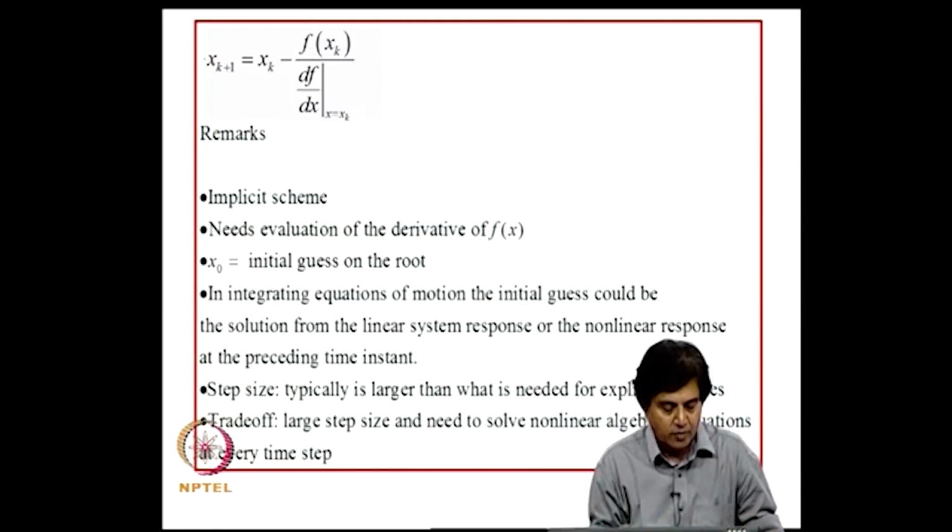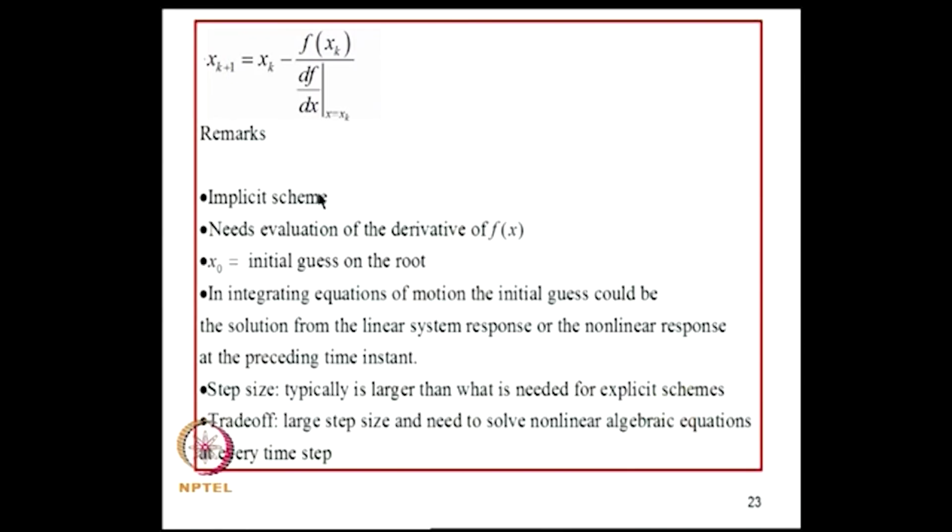Now, we are talking about Newmark's beta method. If we are going to use the Newton-Raphson scheme within that, the scheme would be implicit. It also needs derivatives of the nonlinear functions, and if I take x naught to be the initial guess on the root, then we have to make this guess to start the solution.